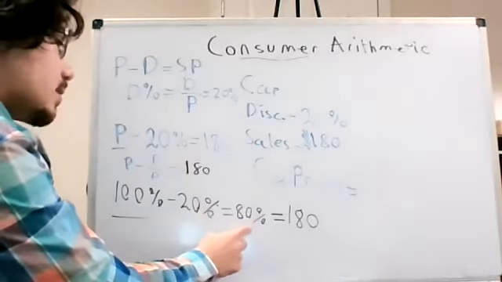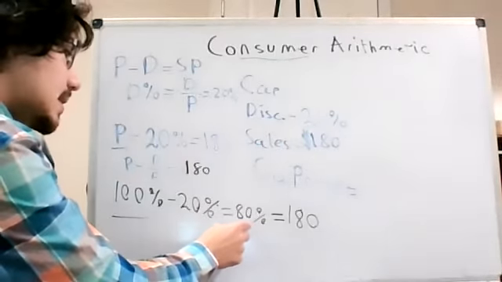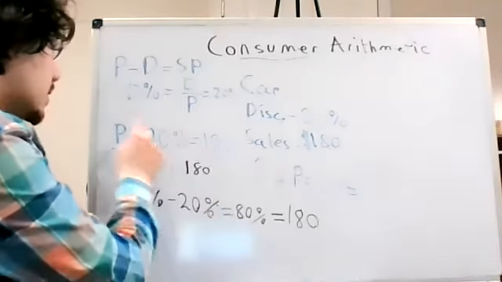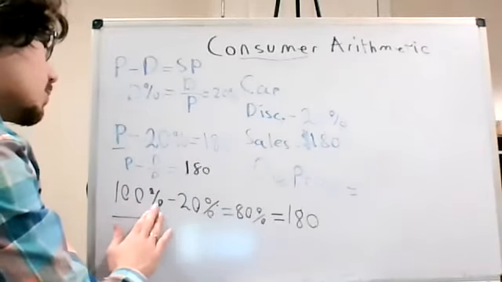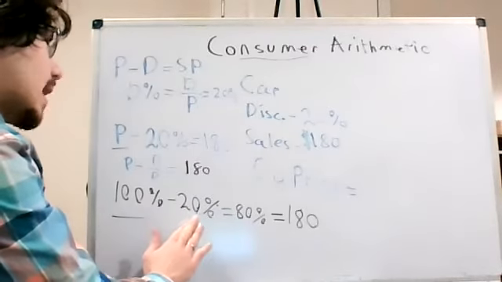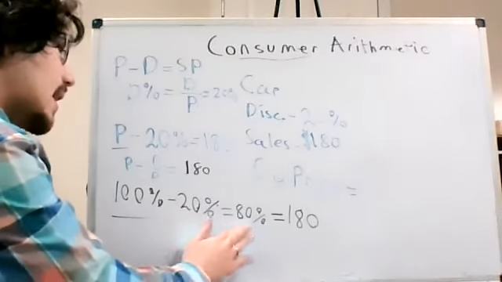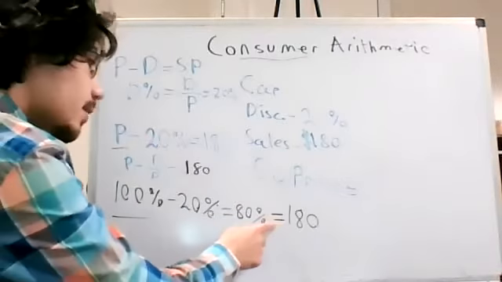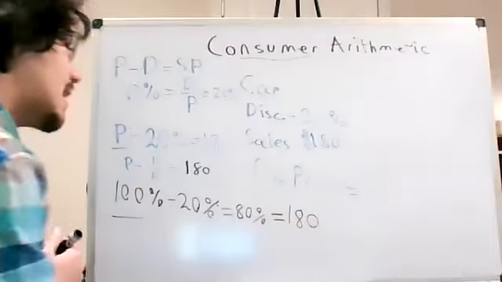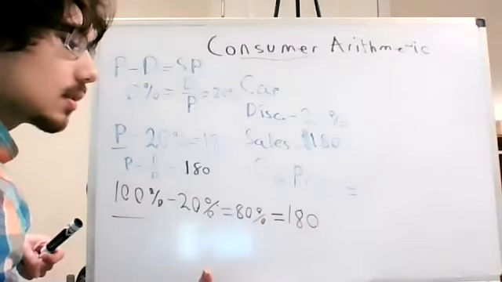So that means the 80% here means 80% of the original price, because you take the original price, which is 100%, you take away minus 20%, and you get 80% of the original price. So 80% of the price equals 180. Does that make sense?